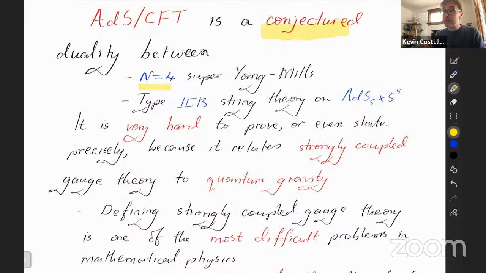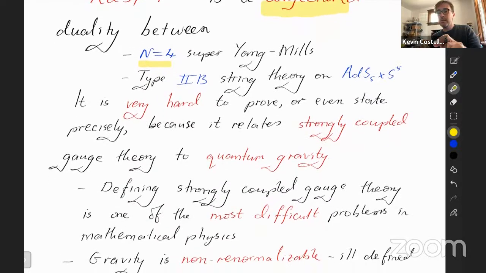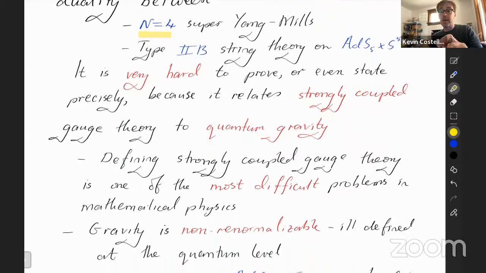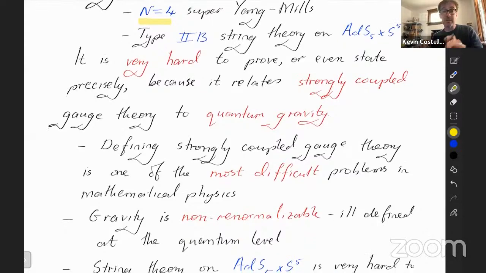And on the other side of the duality, when studying type IIB string theory on AdS5 times S5, this is difficult for two reasons. If one wants to take the supergravity approximation, then we're studying quantum gravity. Quantum gravity is, of course, hard, because it's not renormalizable and so ill-defined at the quantum level.